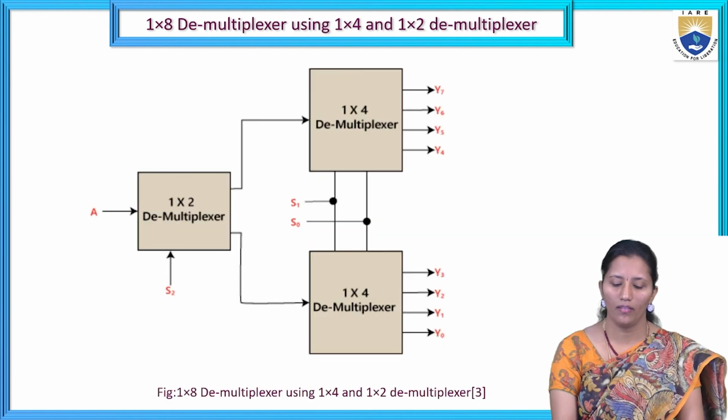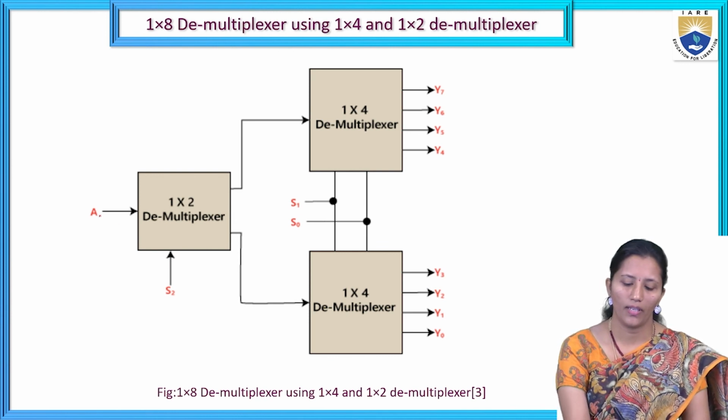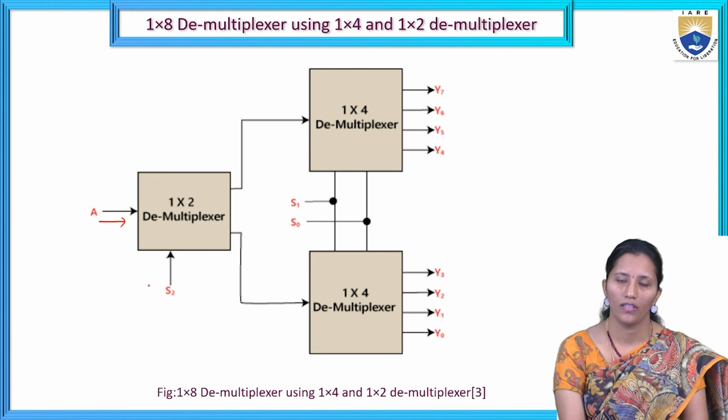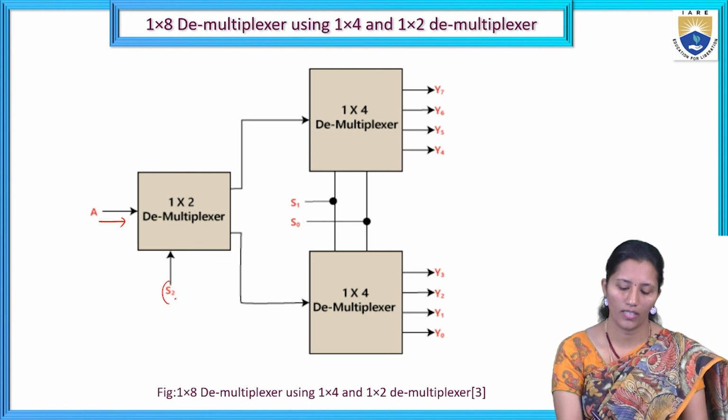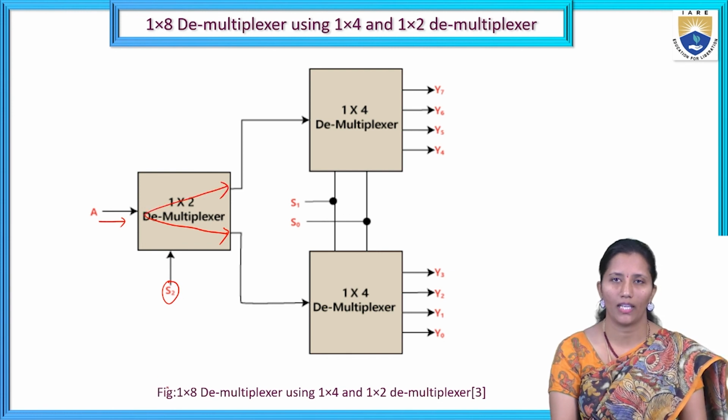Okay, so here by using a 1 to 2 demultiplexer, we are giving one input and getting 2 outputs according to the selection line S2. If S2 is 0, then the output will be routed to this line, and if it is 1, then it will be routed to this line.